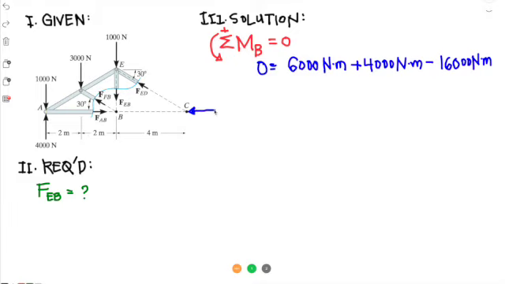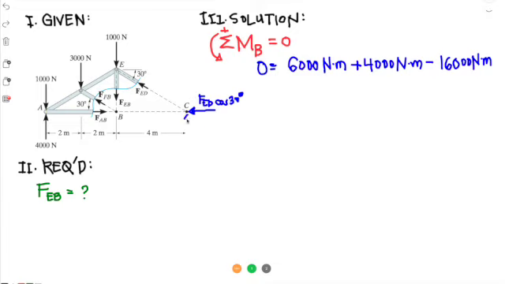So this will have a component, since this is 30 degrees, this is adjacent, so this is FED cosine 30, and that force is concurrent with point B, so it doesn't make a moment.